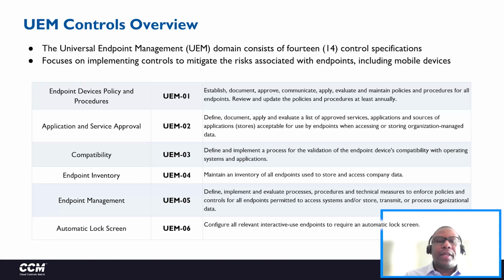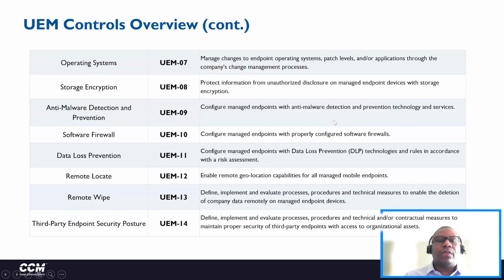There's one around compatibility, endpoint inventory, endpoint management, automatic screen lock, operating systems, storage encryption, very important to encrypt your data, anti-malware detection and prevention, making sure our managed endpoints have anti-malware detection, software firewall, data loss prevention, also known as DLP. We have to configure our managed endpoints with DLP technologies, and remote locate in case we lose our endpoints, remote wipe in case of any issues where the devices cannot be found or are stolen, and endpoint security posture management.